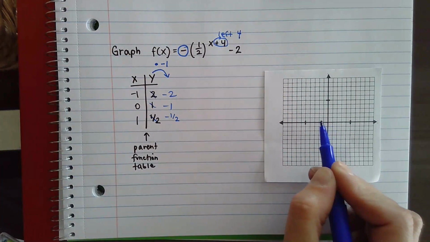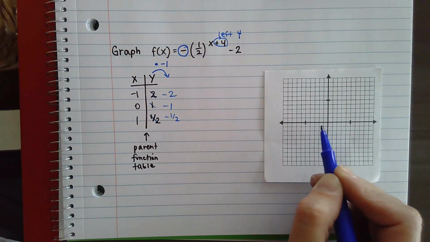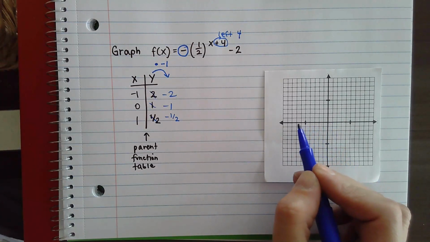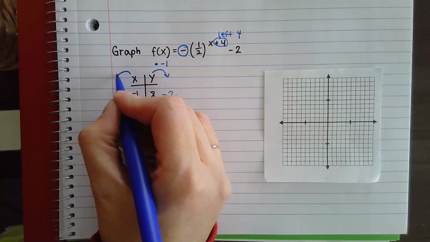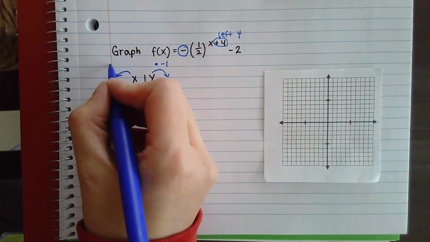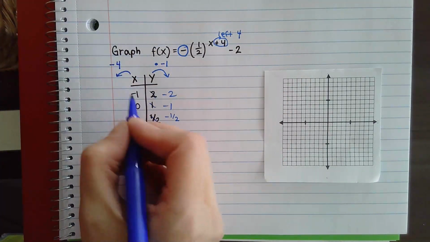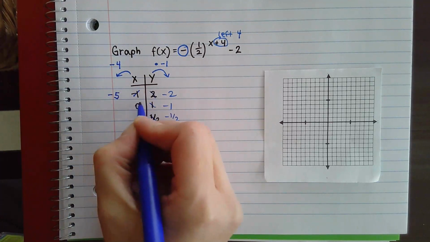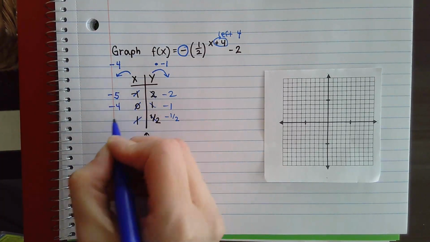Moving to the left on a graph subtracts x values. So it says +4, but moving to the left, I'm subtracting the x values by 4. Subtract 4, subtract 4.